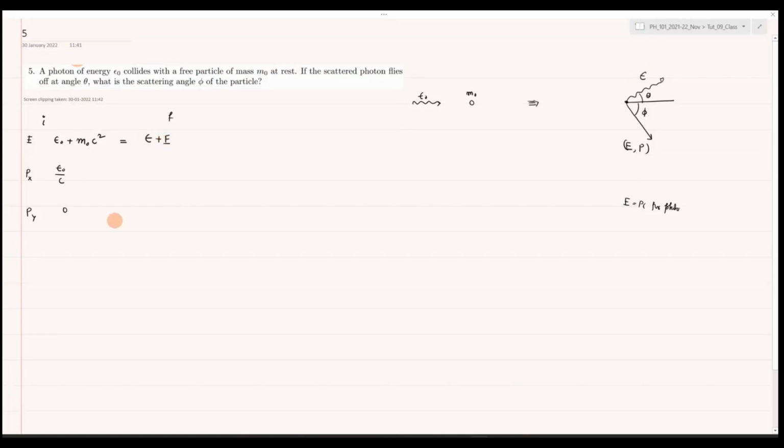And what is the Px? Epsilon by c plus epsilon by c cos theta plus P cos phi. And what will be Py?